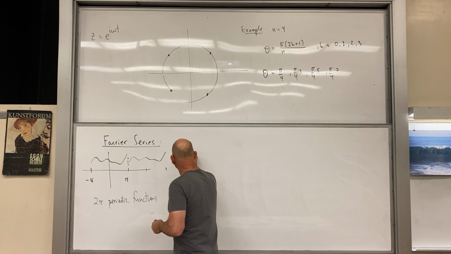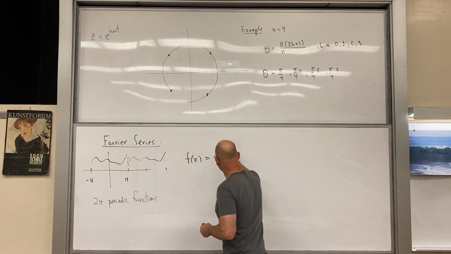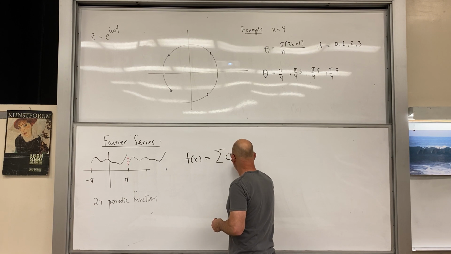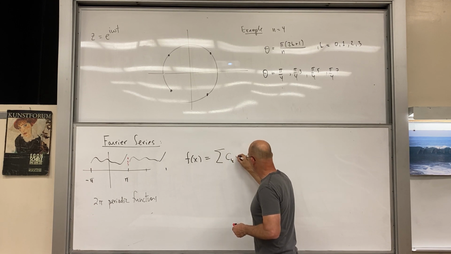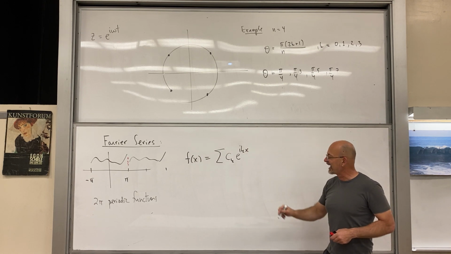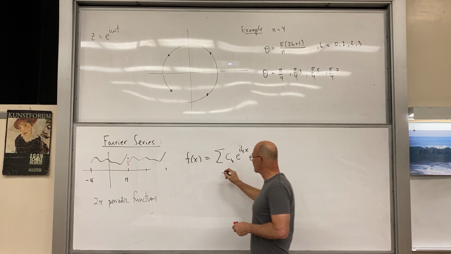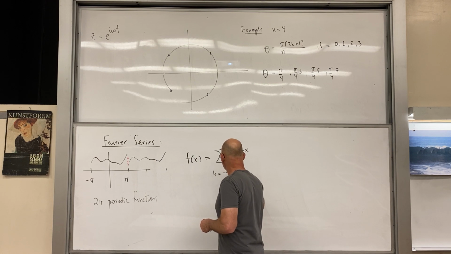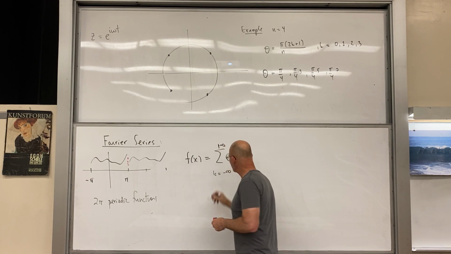So for 2 pi periodic functions, f of x can be expanded in a series expansion of these functions here, e to the i k x, where k are just integers, all of the integers from minus infinity to plus infinity.